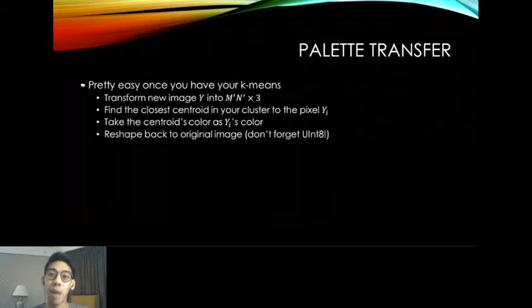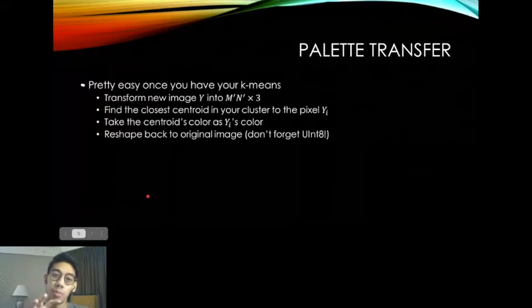So how do we do palette transfer? Once we have this palette, this set of K points that we use to represent the entire image, we can just transform each pixel.